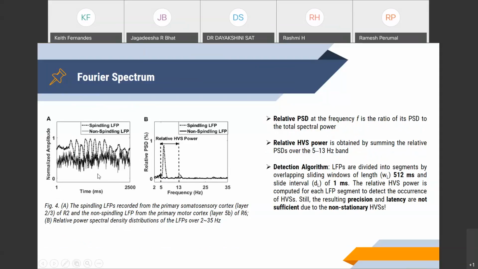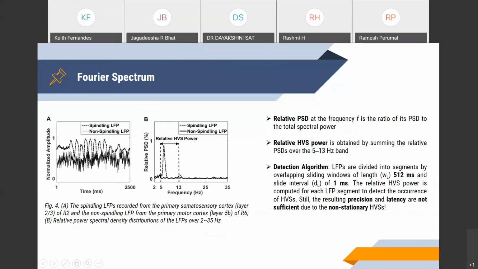So here you could see that in many of the closed loop devices, they use the Fourier transform to compute the power. For example, here we are going to see the relative power spectral density. The difference between PSD and relative PSD matters, because we know very well the LFPs vary in amplitude and frequency across brain regions.